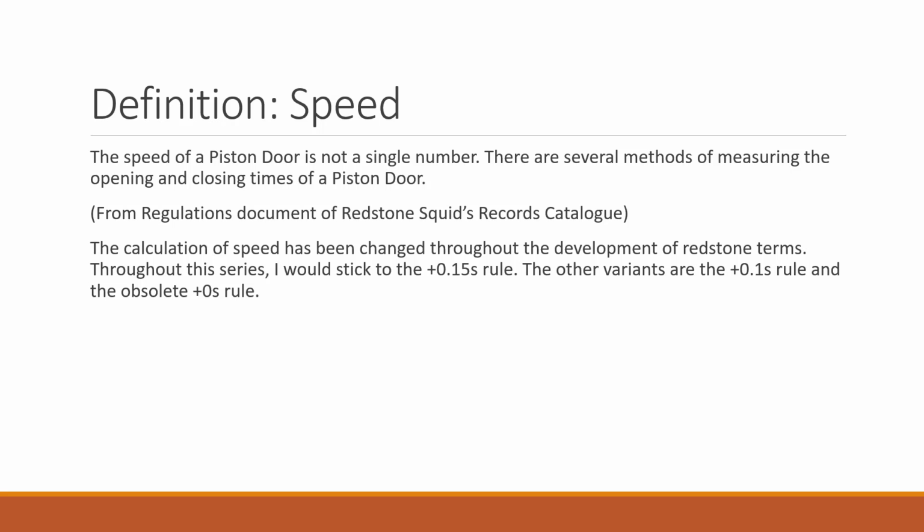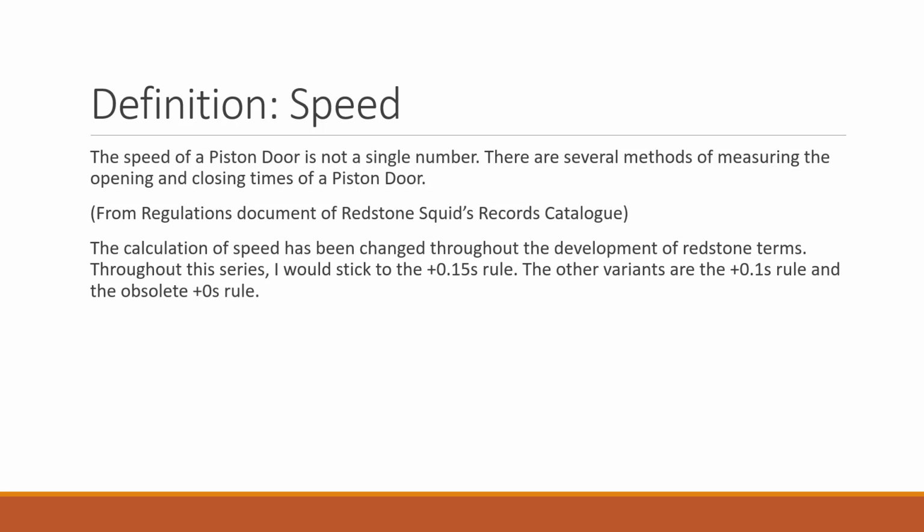The reason why these three rules occur is that the calculation of speed has been changed throughout the development of Redstone terms, and it is also more related to Minecraft updates, because one of the updates has changed what we know as block 36. So that is also the reason why the plus 0 second rule is obsolete, because we should consider that the block is still retracting from the door hallway to the door frame, even though it's the last block.